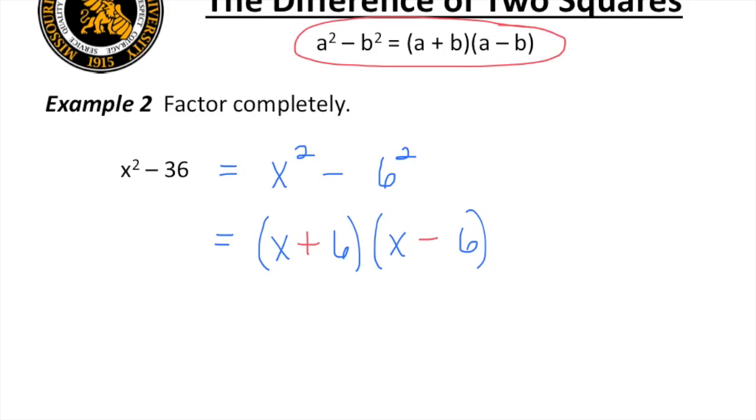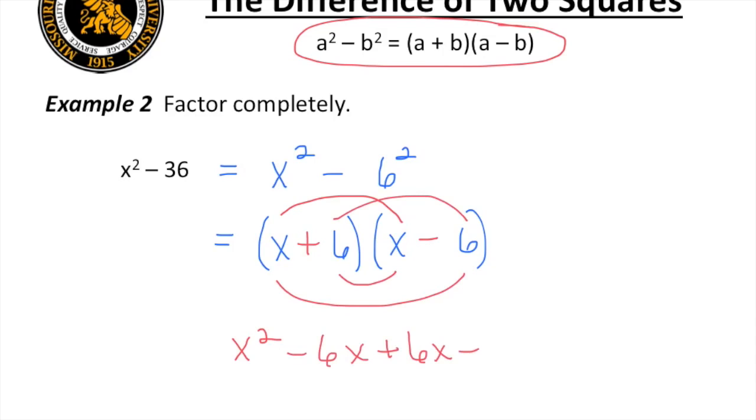Notice that if we multiply these two binomials together to check our answer, we get first, outer, inner, last, and the fact that the operations are opposite cause our middle terms to cancel off, resulting in the same binomial that we started with.